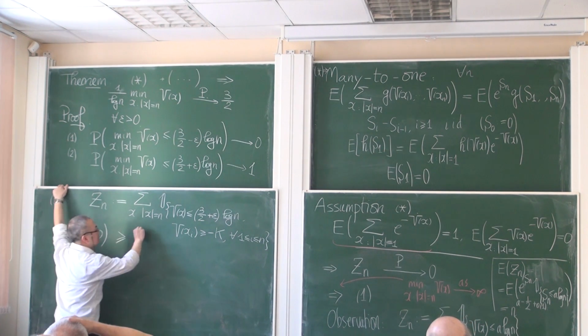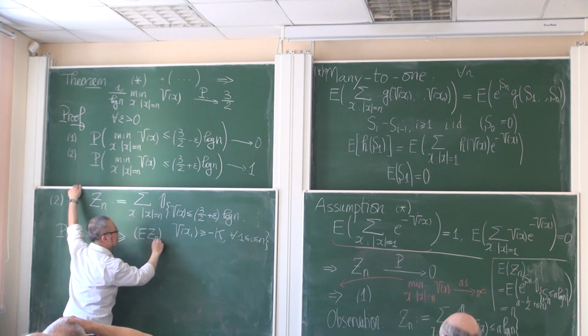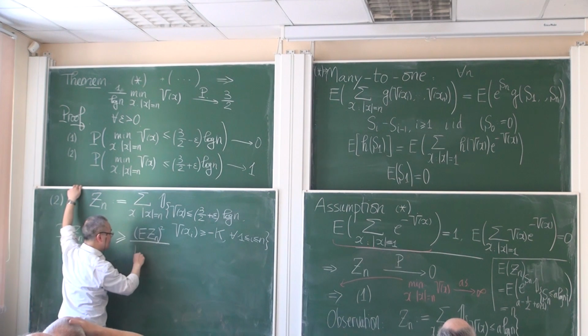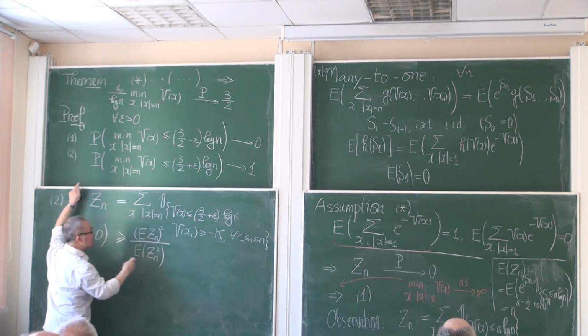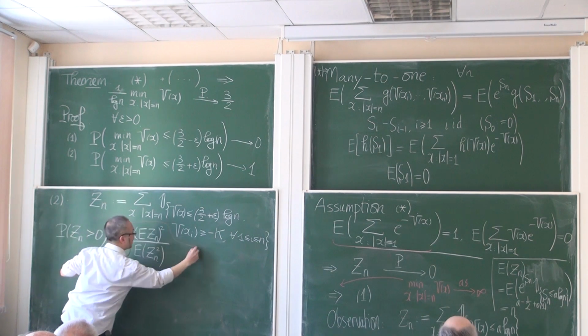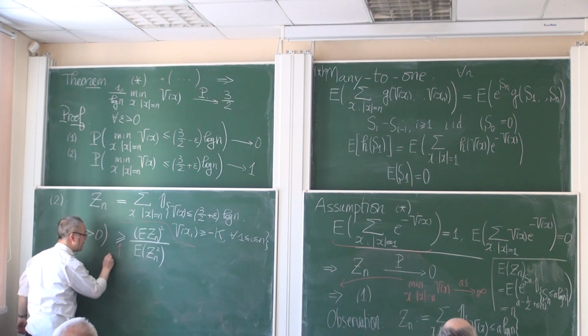So a usual way, this has nothing to do with the branching process or whatever. I claim that I can use this one. This is simply Cauchy-Schwarz.